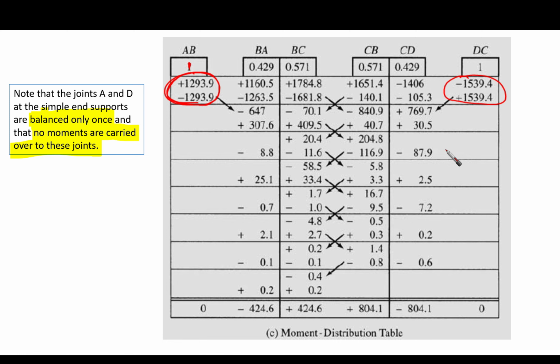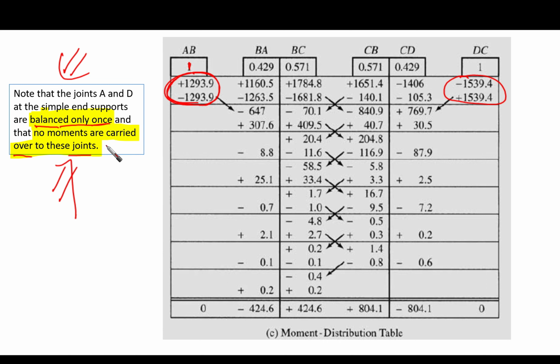As you can see, there is no carryover to this point. So I put it as a note here to remember it. Note that the joints A and D at the simple end supports are balanced only once, and that no moments are carried over to these joints. There is no carryover from point B to point A, or from point C to point D. So this greatly simplifies the process.